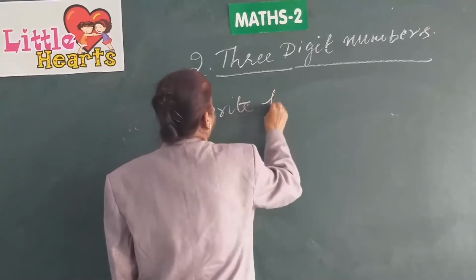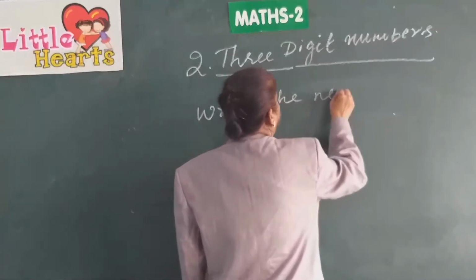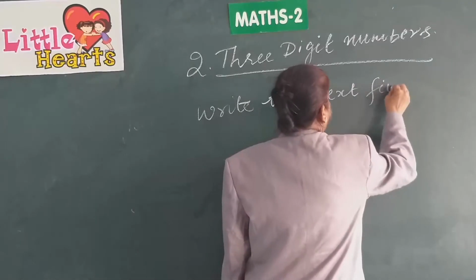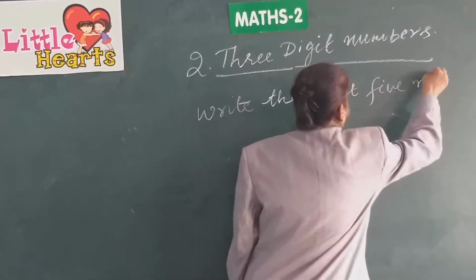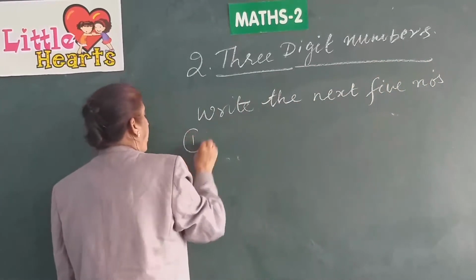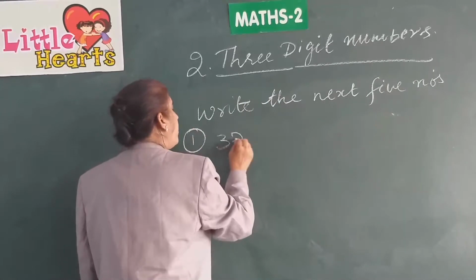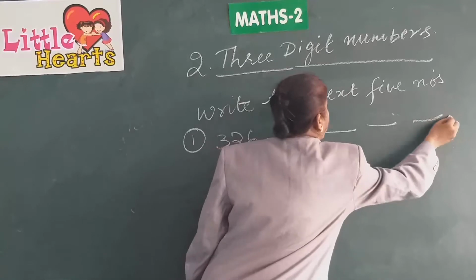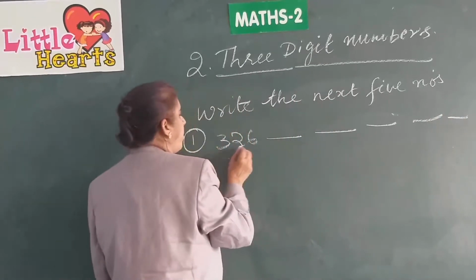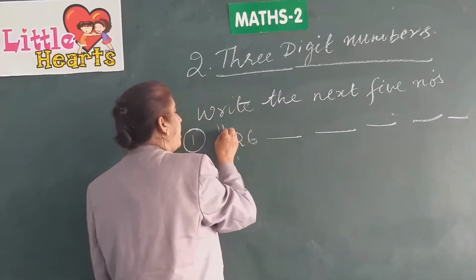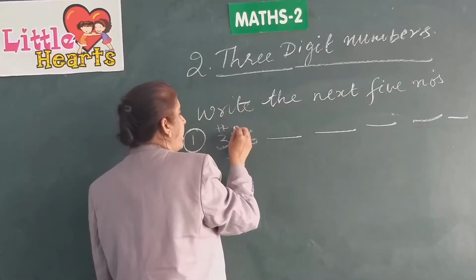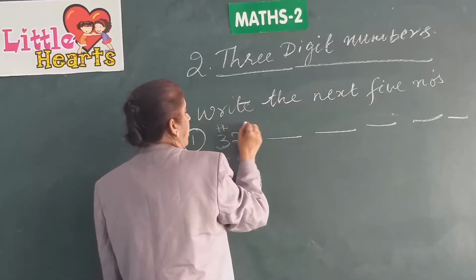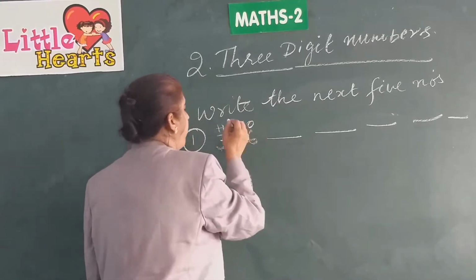Write the next 5 numbers. 326 is the starting number. 300 and we read it as 326. 3 is the hundreds place. 326.